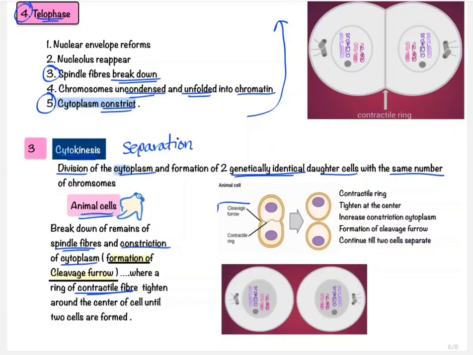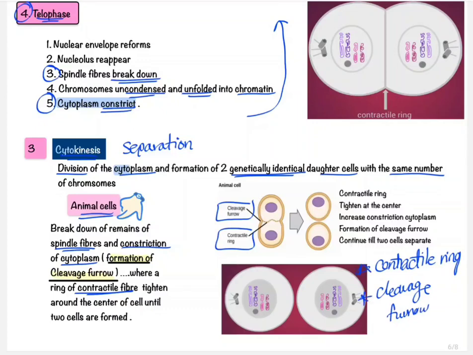Again, because these names are new and I know you're going to get lost in them, we have a contractile ring and a cleavage furrow, where a ring of contractile fibers tightens around the center of the cell until two cells are formed.